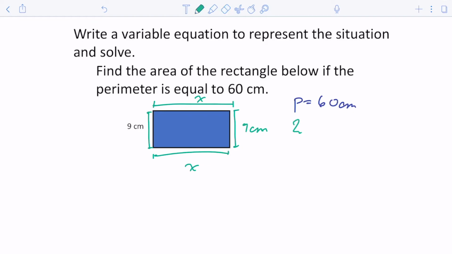You know that 2L plus 2W is equal to the perimeter. You could do that and fill it out, or you could just add up all the sides, like 9 plus 9 plus x equals p. We'll use the original one here.